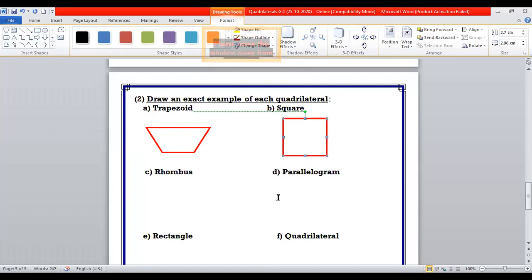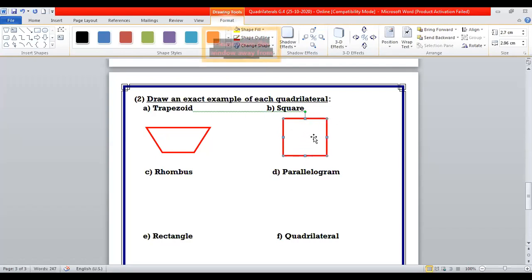Draw the square, please. Have you finished?